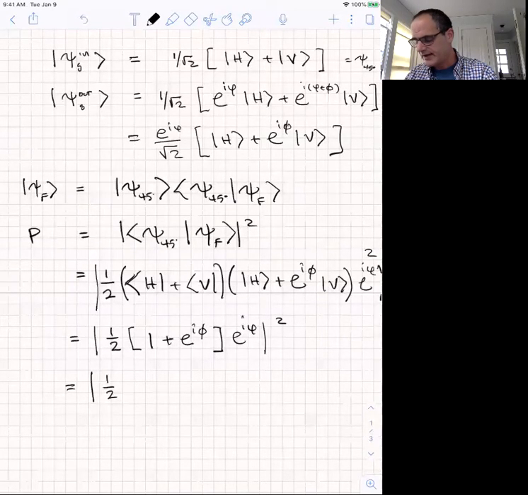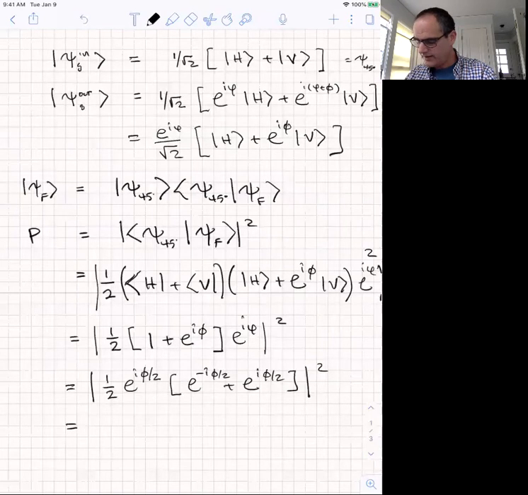Now we can play a nice trick. Let's factor out a factor of e to the i phi over 2. Then what we're left with is e to the minus i phi over 2 plus e to the i phi over 2. And we can see then that what we have is e to the i phi over 2 times e to the i phi over 2 plus e to the minus i phi over 2 divided by 2, that's just cosine of phi over 2.